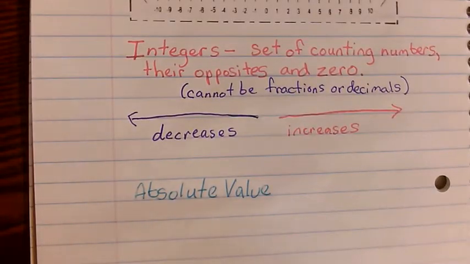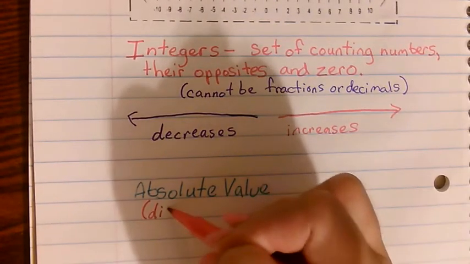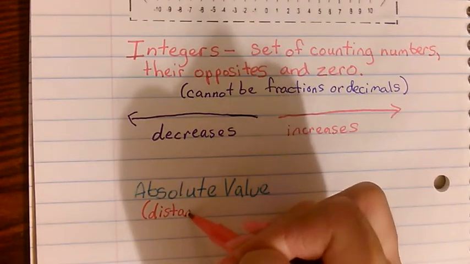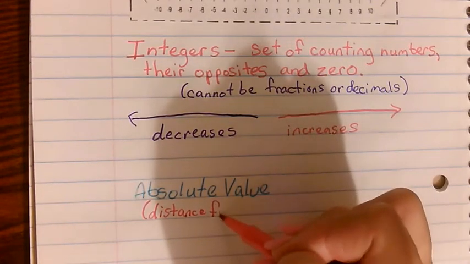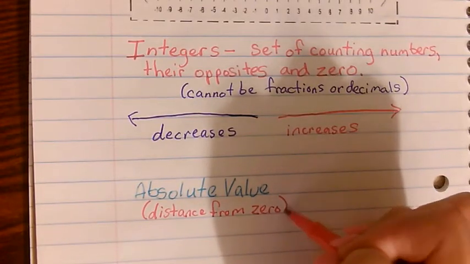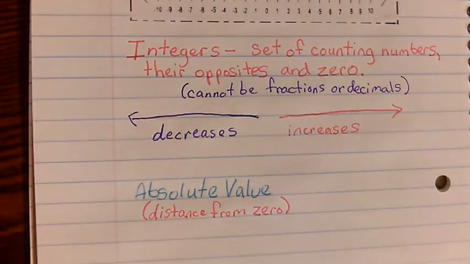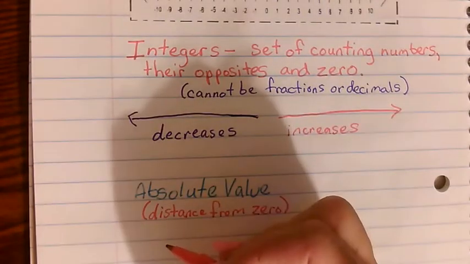An absolute value is only the distance from 0. And distance, this is important to know, distance is always positive.